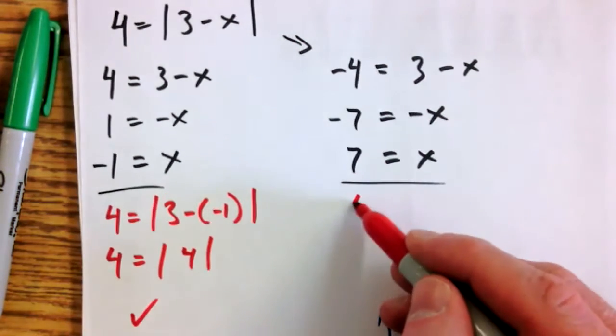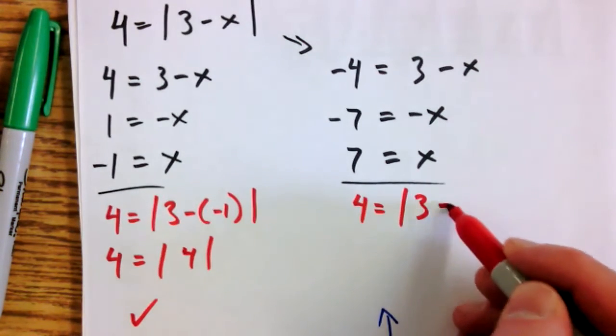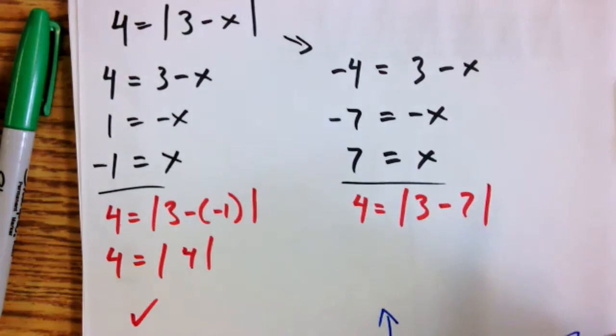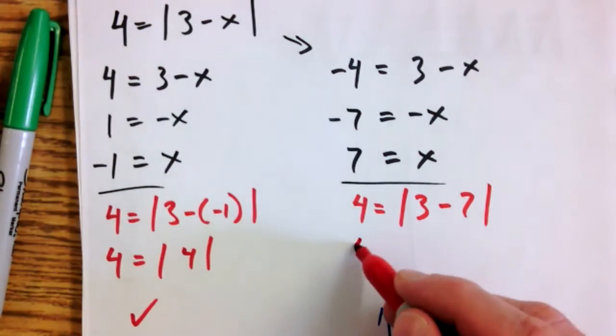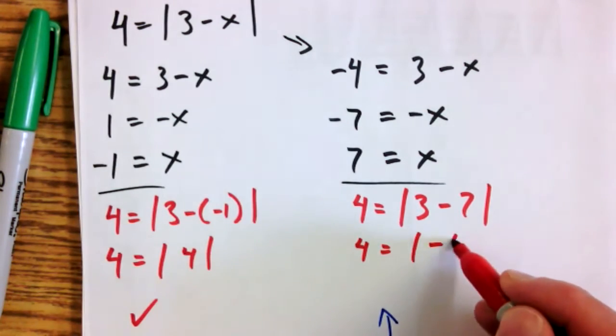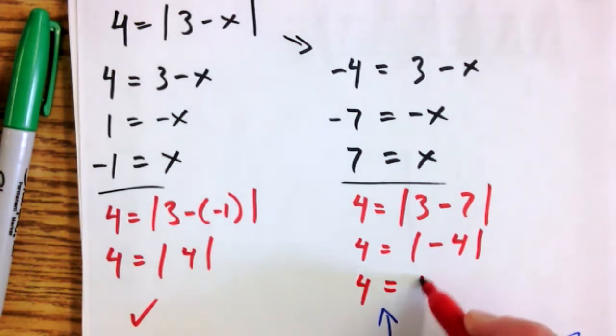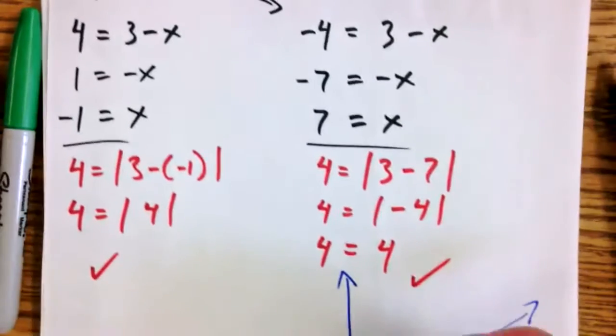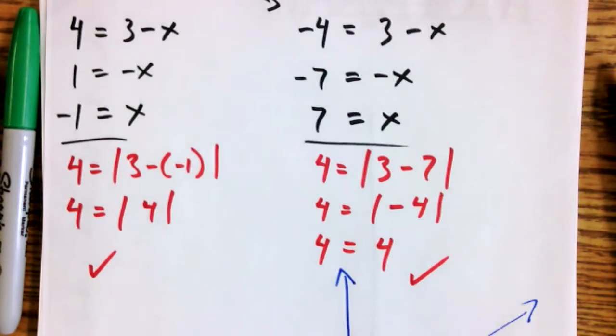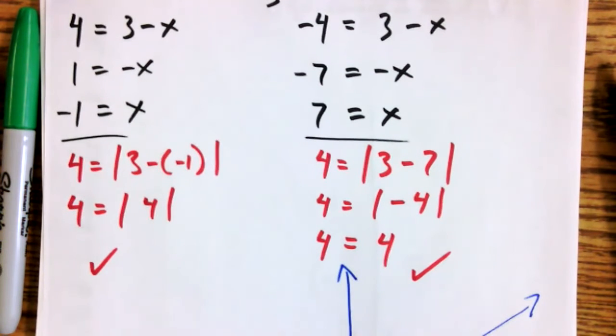On this side, 4 equals the absolute value of 3 minus 7, which is the absolute value of negative 4, which equals positive 4. Oh, I was like, that's not the right answer. Okay. Does that make sense?